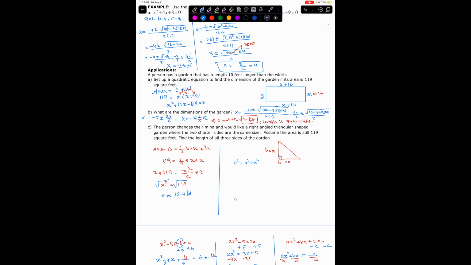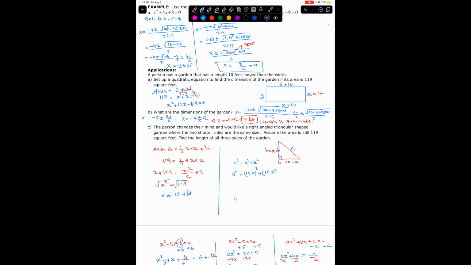So basically we're going to say c squared, this is basically c, and this is a, and this is b. So we know the length x, we found it from the previous step. So this is equal to 15.4 squared plus 15.4 squared. We're applying the Pythagorean theorem here to find out the length.